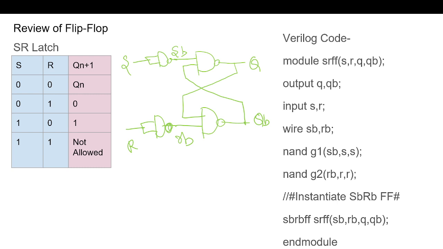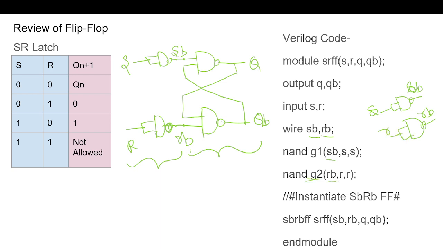So this portion is my previous S bar R bar latch, and I have to obtain these two wire values. So SB and RB are the two wires. For SB, the two inputs of the NAND gate I tie to the S signal and obtain SB, and the same way I tie the two inputs to R and obtain the RB signal.